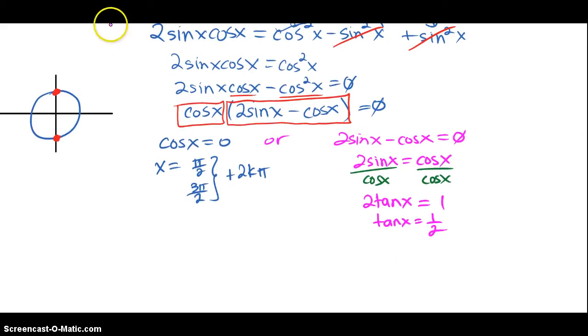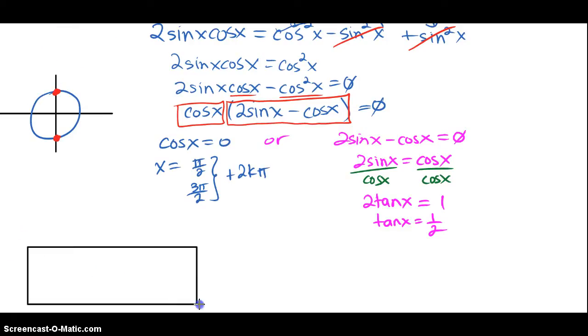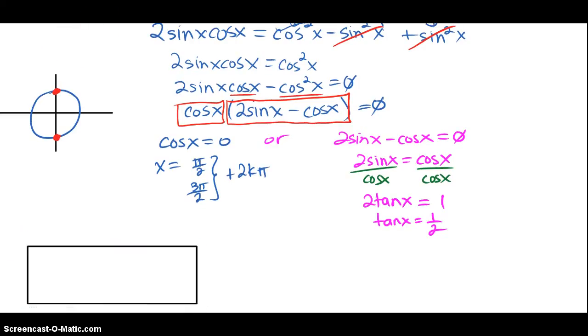So if I draw a box here for my final solutions, I'm going to have pi by 2 in there, I'm going to have 3 pi by 2, and this equation is not going to yield any more solutions.